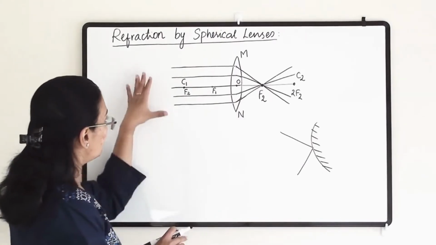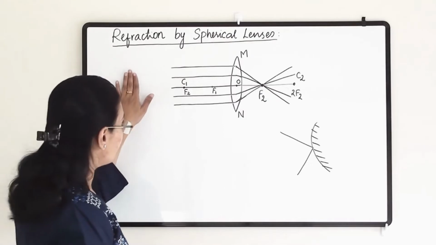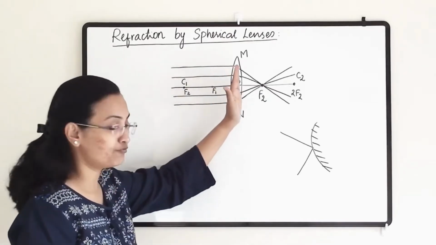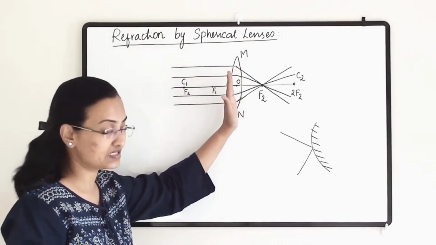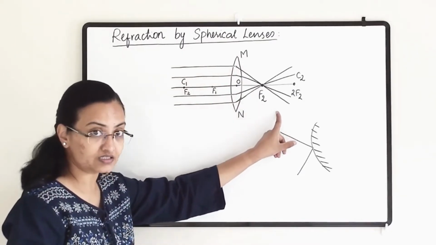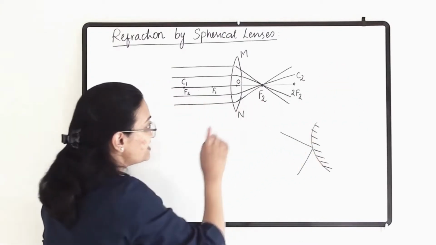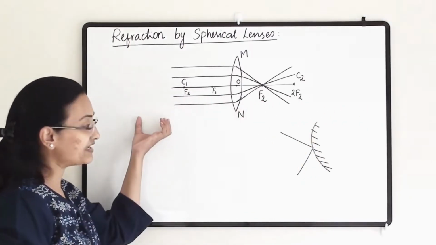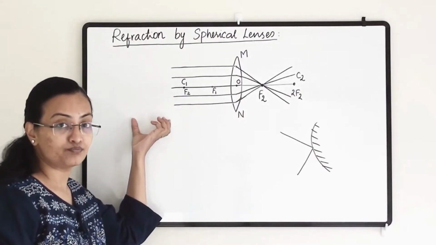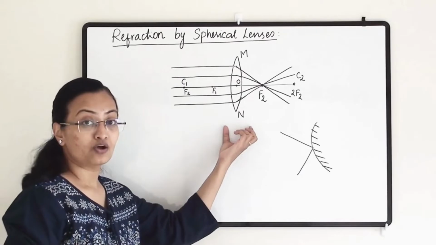Here the light source is towards the left-hand side, so all the parallel rays are falling on this convex lens, and we are getting the result towards the other side. But if I keep the light source towards the right side, then I will get a similar result towards the left side, because it has two surfaces which make it a convex lens.